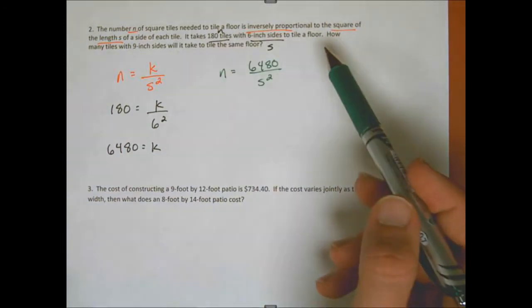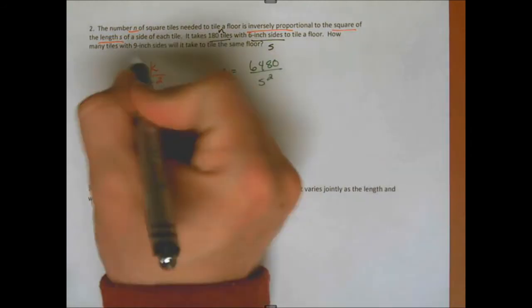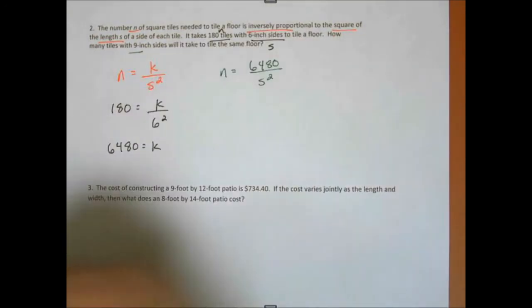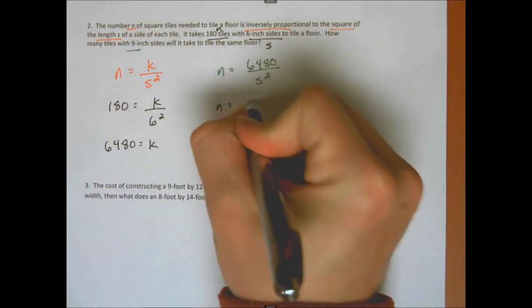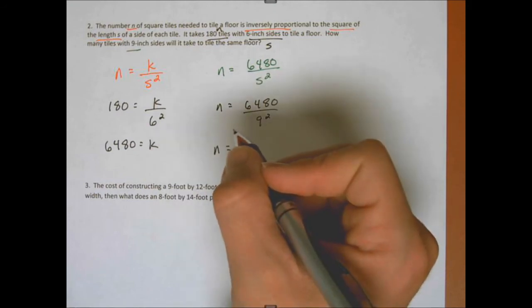Then how many tiles with 9-inch sides will it take to tile the same floor? Our side s is now 9. So n is equal to 6,480 over 9 squared, or over 81. And that gives us 80 tiles.